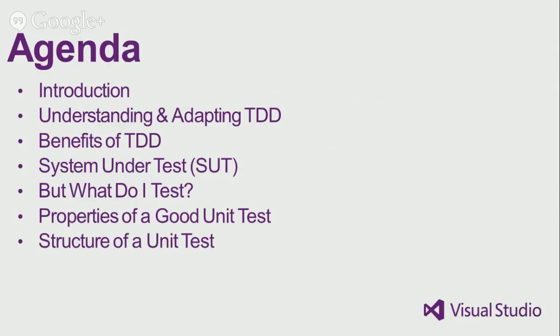Before you really start working on it, someone has to understand what the benefits of it are. Then we will talk about the system under test, and then we will learn more about what exactly we are going to test. Before you start writing tests, we need to understand what the properties of a good unit test are. And then we will discover the structure. And then we will do all these things in real in Visual Studio using C Sharp. So let's go over it.